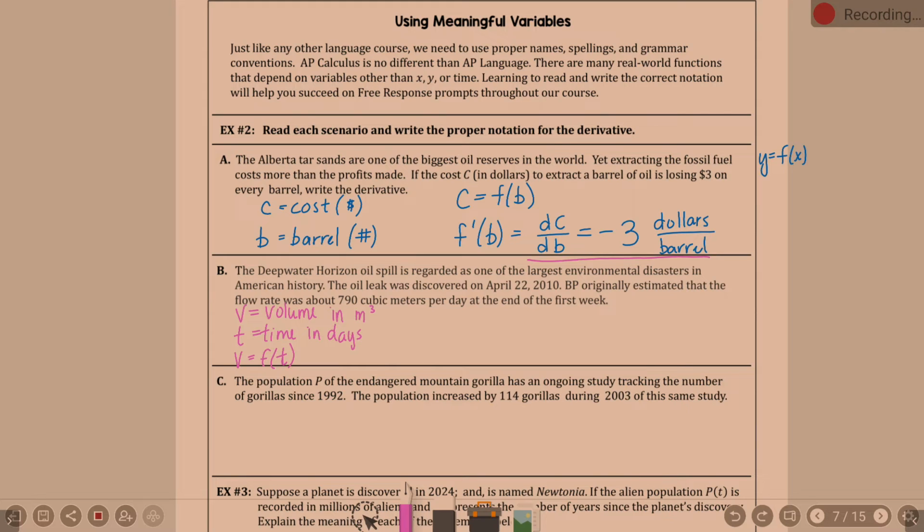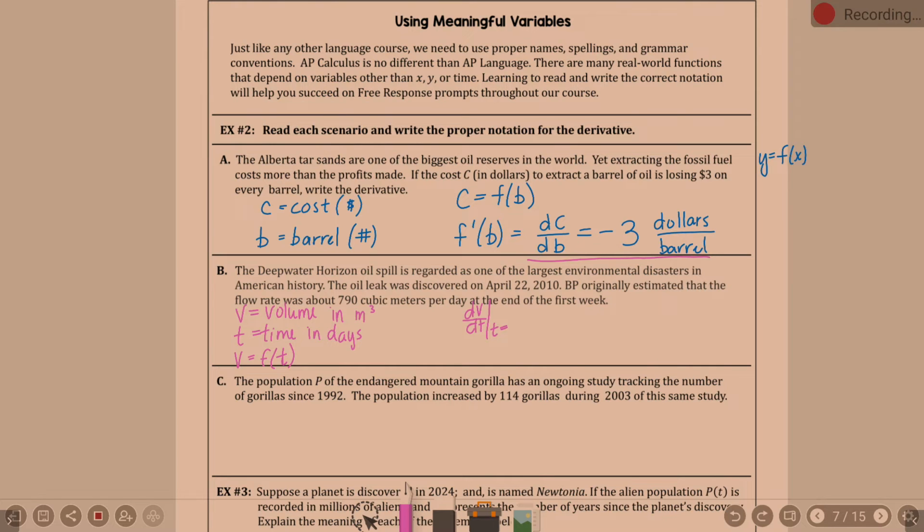Ways to write this: dV over dt, evaluated at T equals... when do we want? 7, because it's a week.